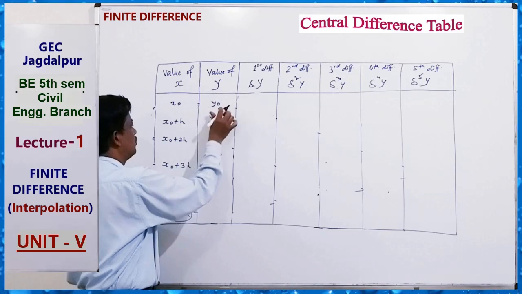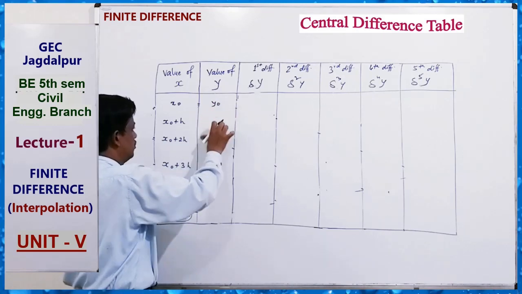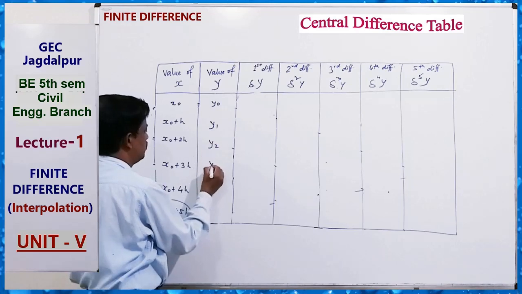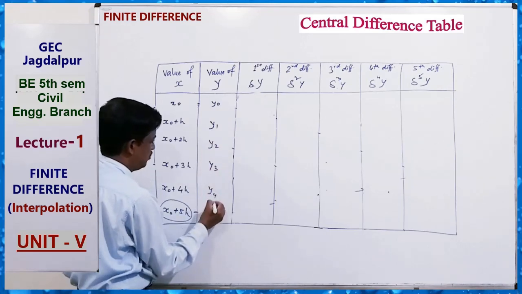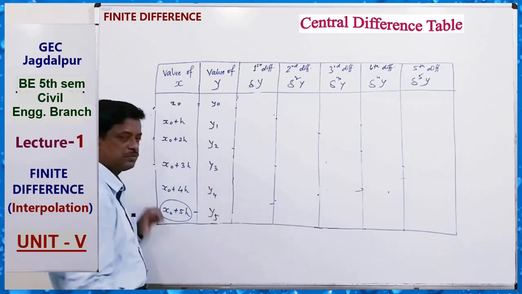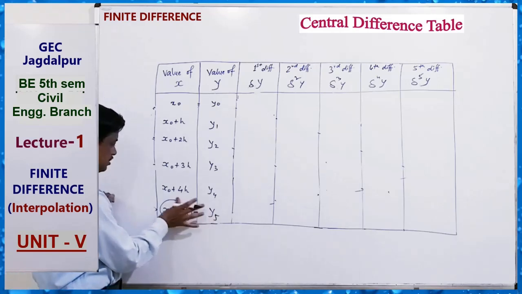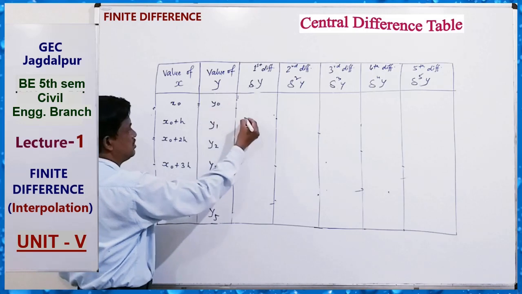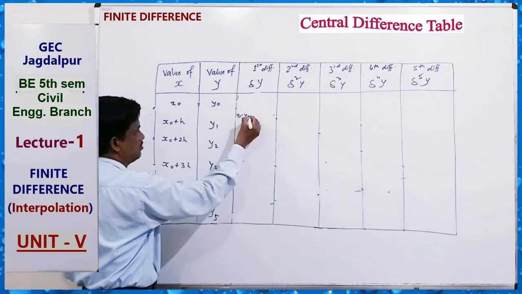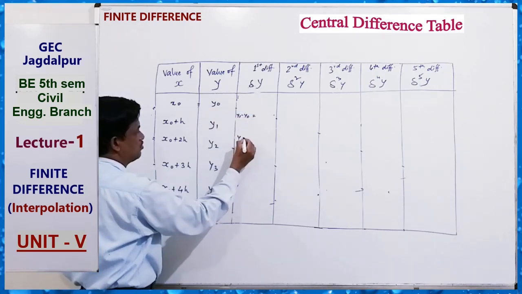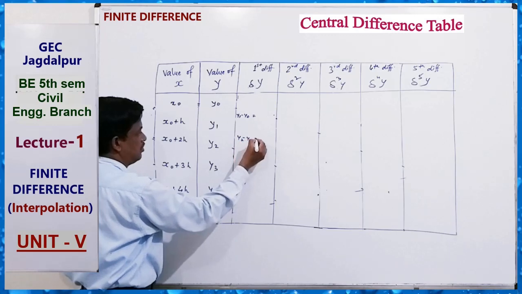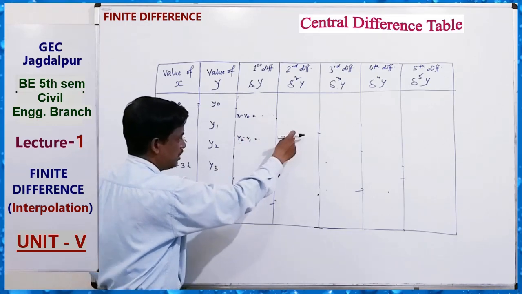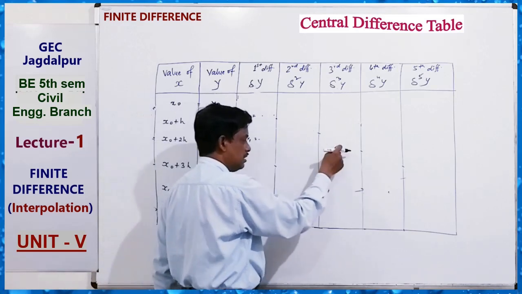Take y0, y1, y2, y3, y4, y5. The table creation method is to subtract: y1 minus y0, and y2 minus y1. Whatever the value is here, this minus this is there, and also this minus this, this minus this.